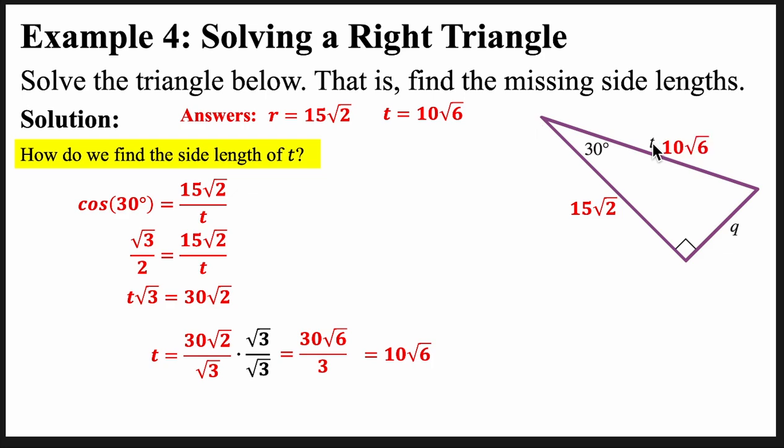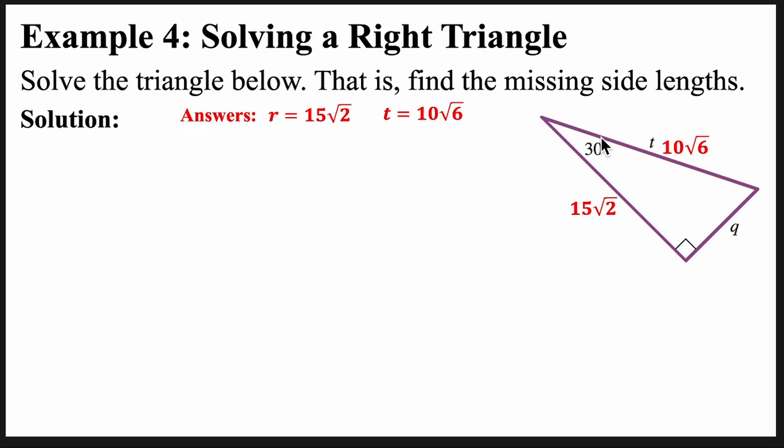Now, t is equal to that. To find q, we're going to focus on this triangle, and depending on which side length you want to use, it's going to be a different trig function. So let's say I want to find this using the hypotenuse length.